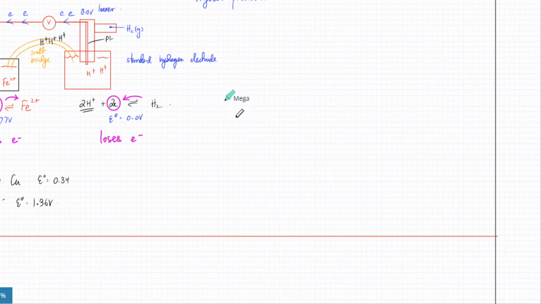and they're going to ask you for the definition. So the definition is for the standard electrode potential.